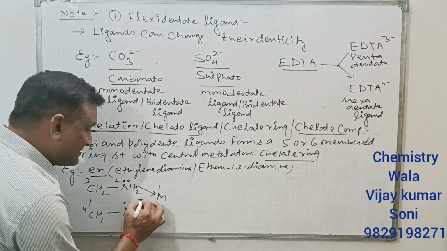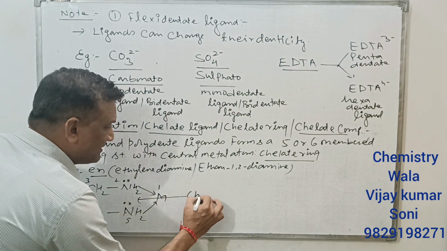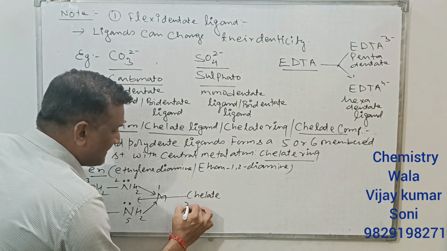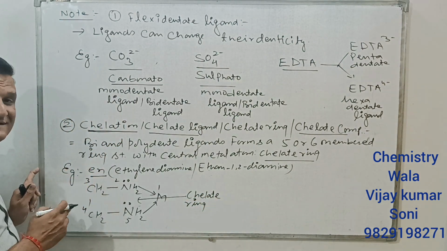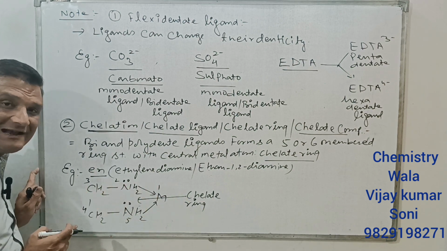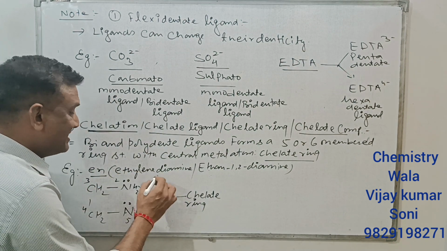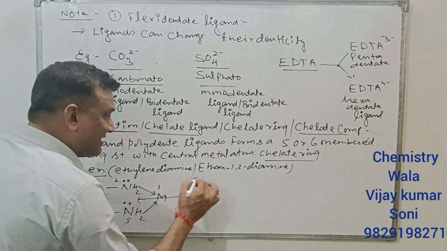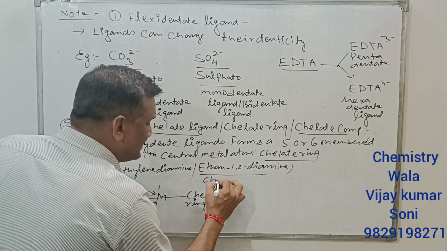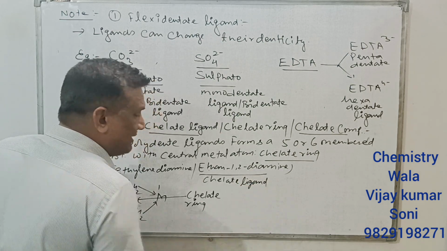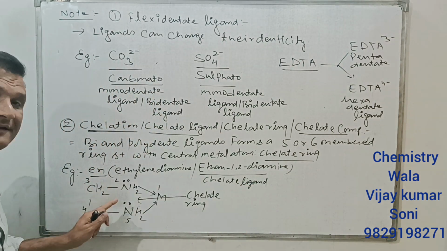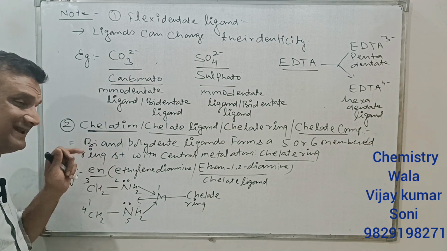That's why this ring is called a chelate ring. En forms a chelate ring, that's why it is also called a chelate ligand. Ethylene diamine is a chelate ligand, and the phenomenon of formation of a chelate ring is called chelation.